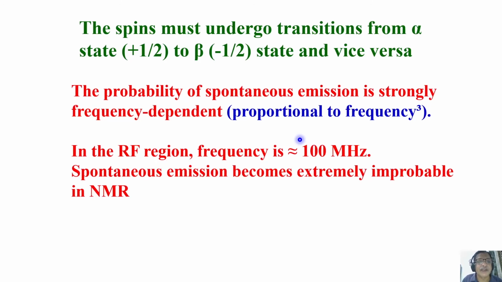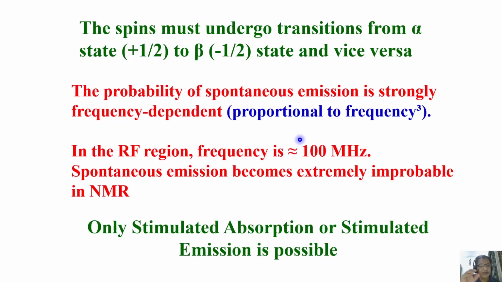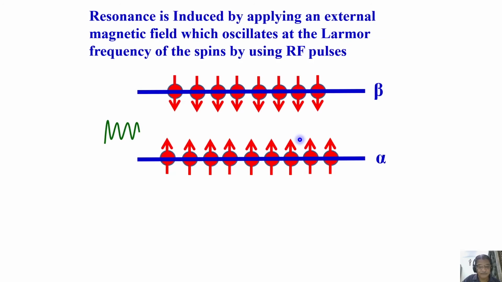Then what is the next possibility? We have to think of stimulated absorption or stimulated emission. Okay, that is the only possibility we have to think of. How do you do that? Let us say I have population distribution into energy states like this.